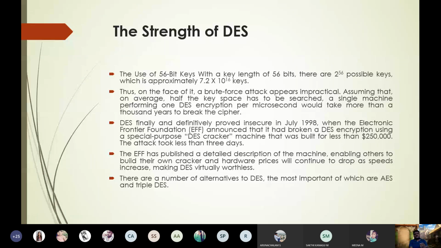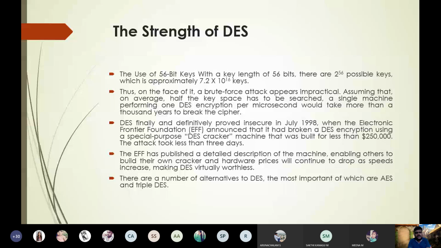If the intruder gets the ciphertext, he can try to get back the original plain text. For that retrieving function, he must use all the possible keys. But in our case, the size of the keys is 56.